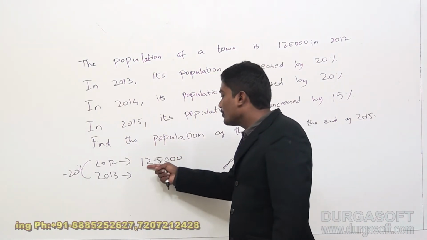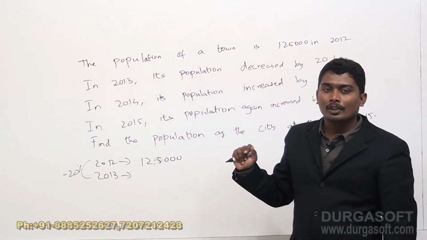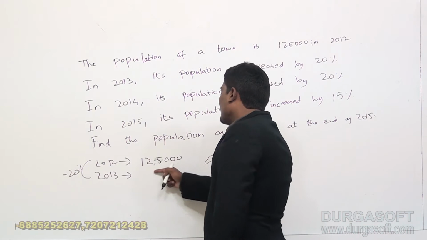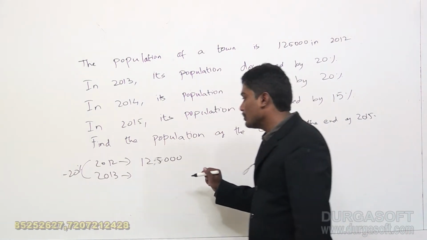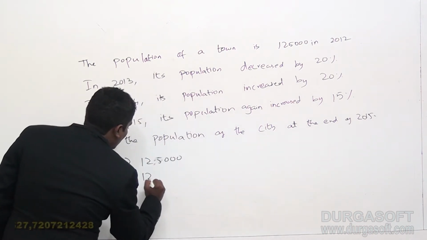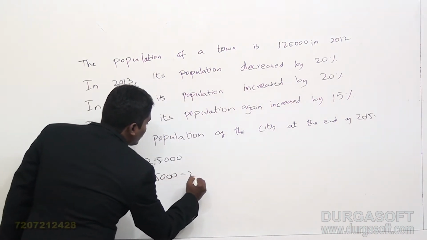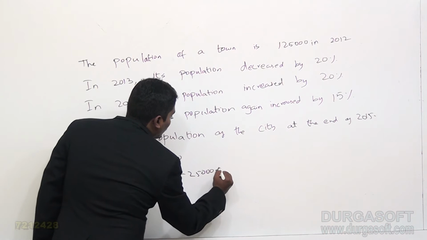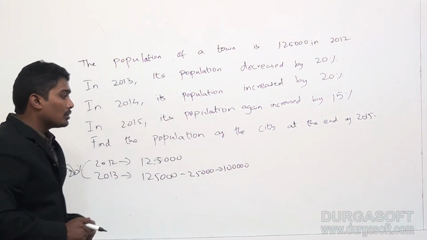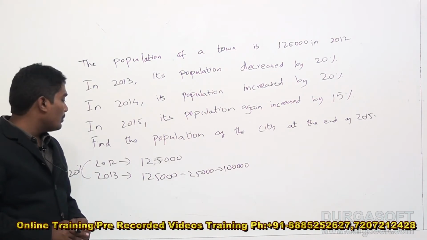So what is 1/5 of 1,25,000? 1,25,000 divided by 5 is 25,000. So its new population will be 1,25,000 minus 25,000, which is 1 lakh. In 2013, its population will be 1 lakh.